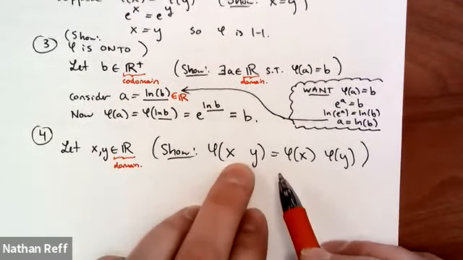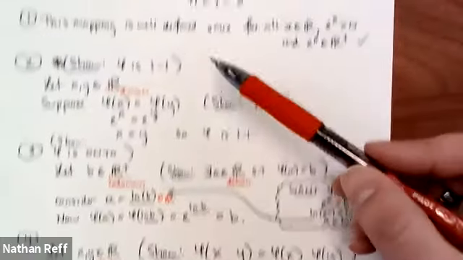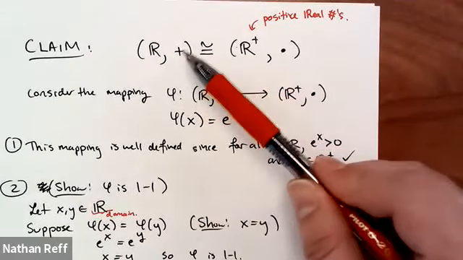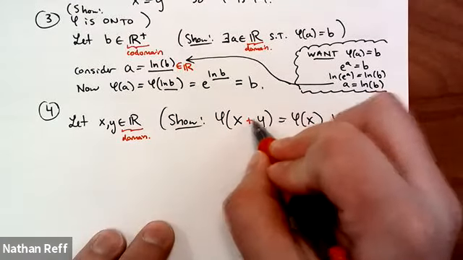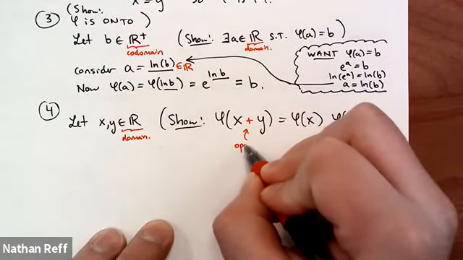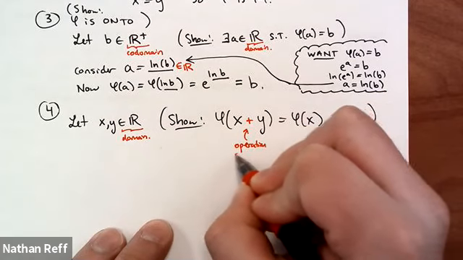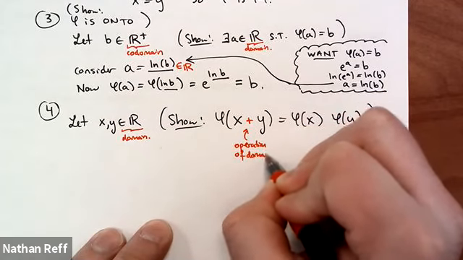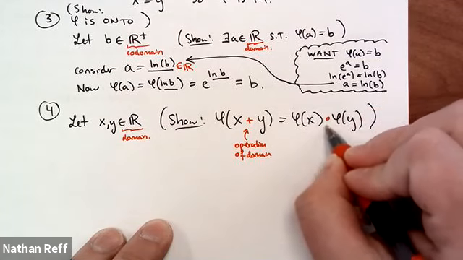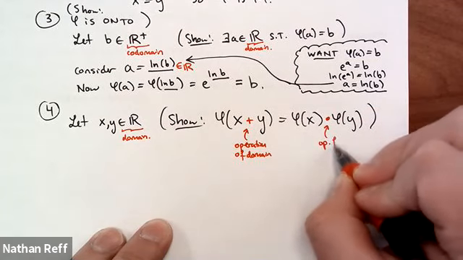So which one is the addition? The addition is the domain, because this one is addition, this one's multiplication. So I'm actually going to have to put plus here because that's the operation of the domain, and it's multiplication for the codomain.